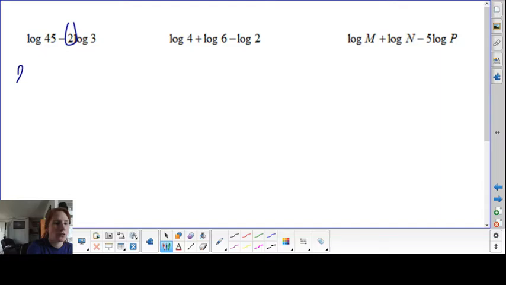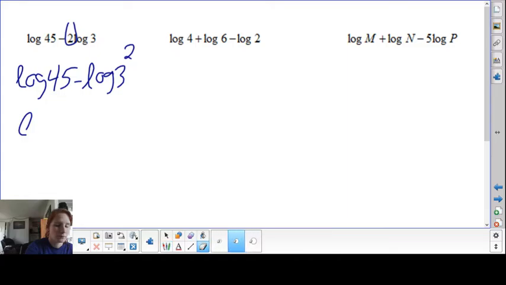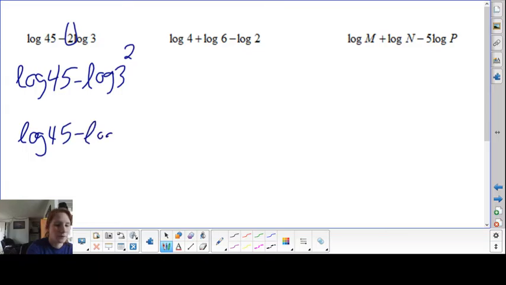So this turns into log of 45 minus log of 3 squared. And we know that 3 squared is simply, very good, 9. So I have log of 45 minus log of 9.